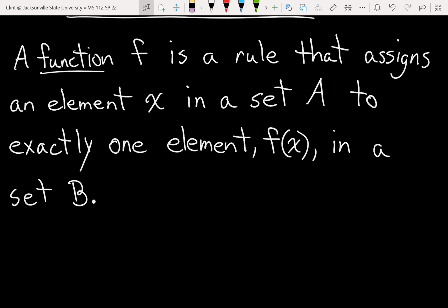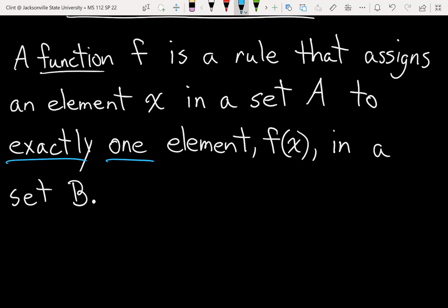So the exactly one part is important. That means two things going on with us saying exactly one. One part of that is that if we have an x, then it has to go to an f of x. And then we're also saying that if we have two different x's, they can't go to the same f of x. Because each x only goes to one f of x. So that's our idea of a function.